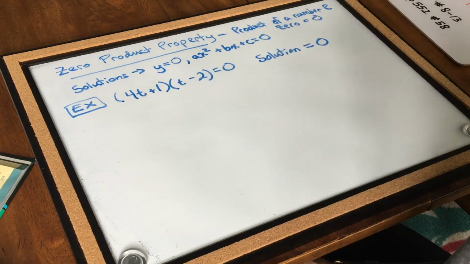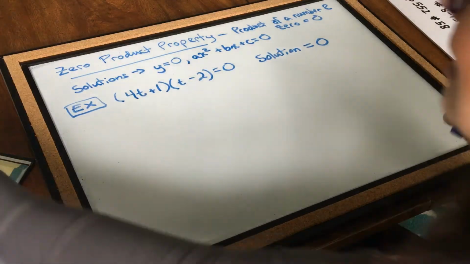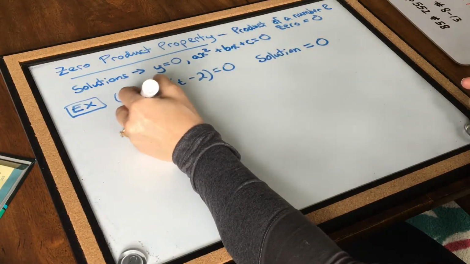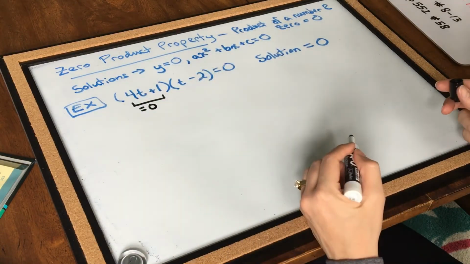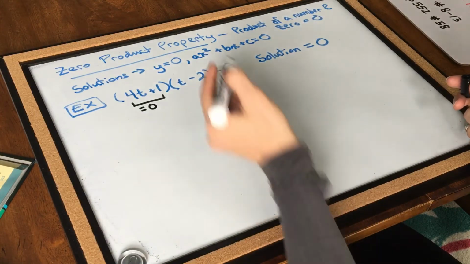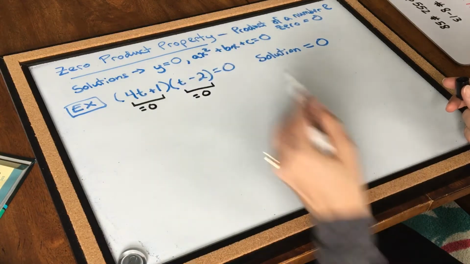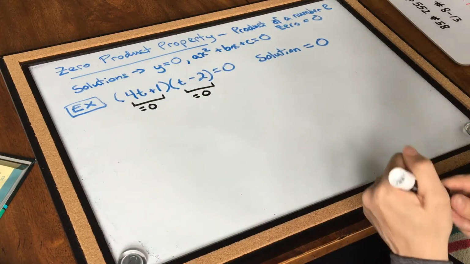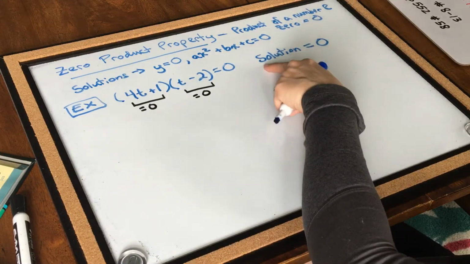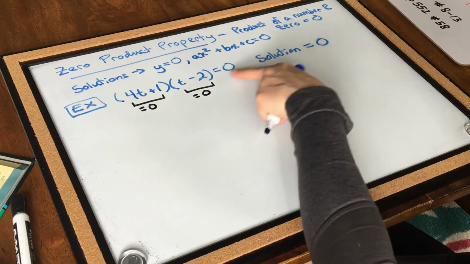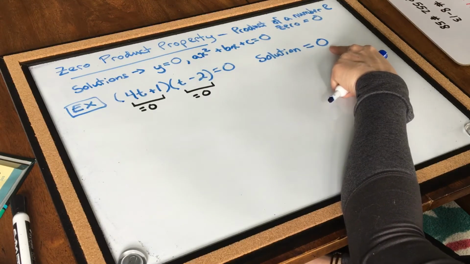What the zero product property says is that if this piece equals 0, then the whole product would also equal 0. So first, I'm going to make sure that my equation equals 0.